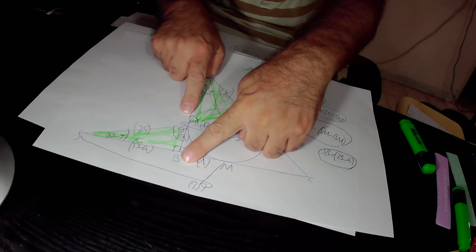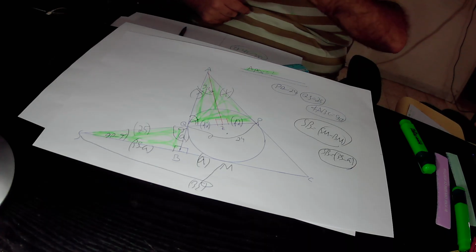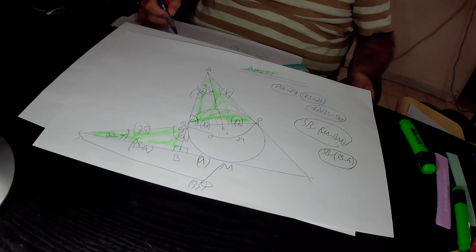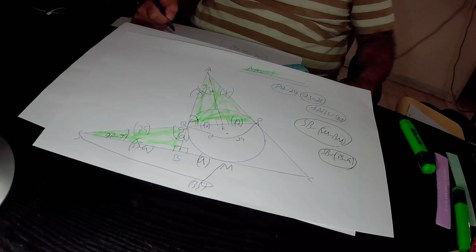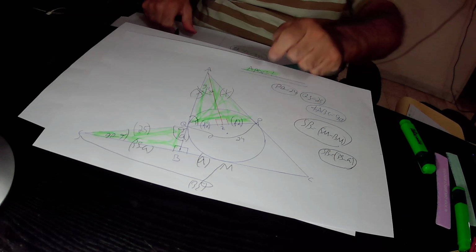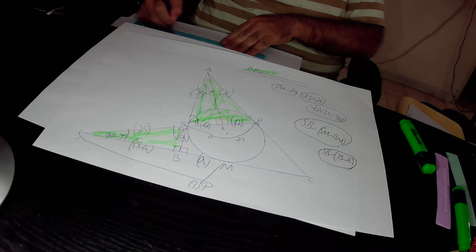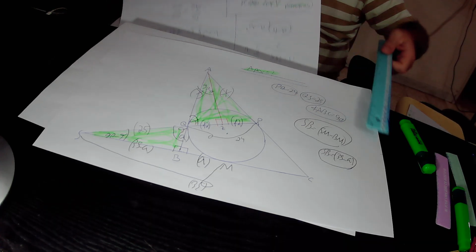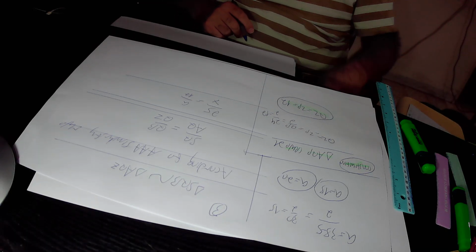QB equals A. Now we'll find out why A is so important to us. QB equals A over QZ. QZ equals 12. And further, we should find out that 25 over X equals A over 12.